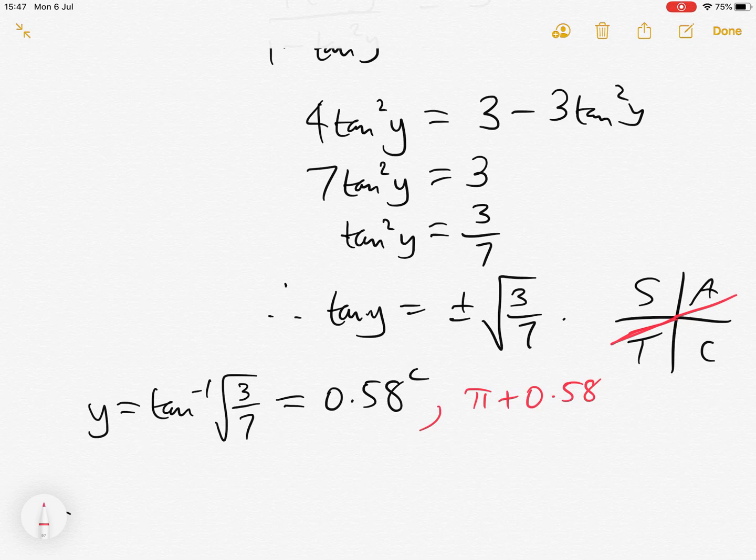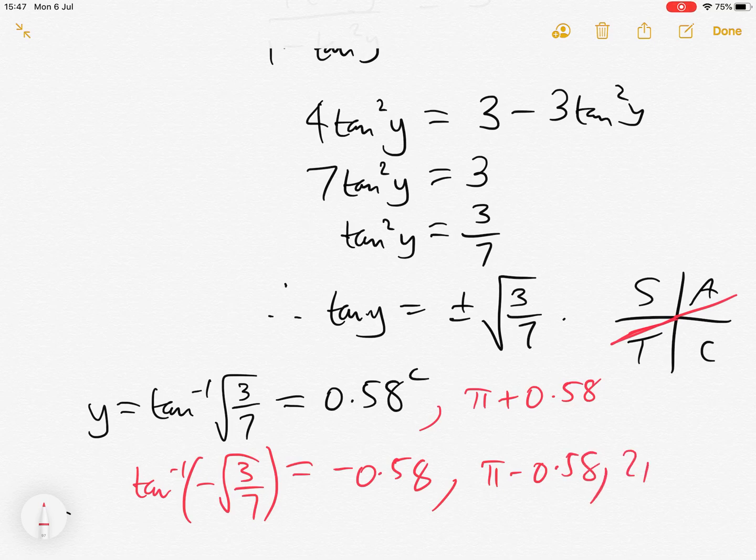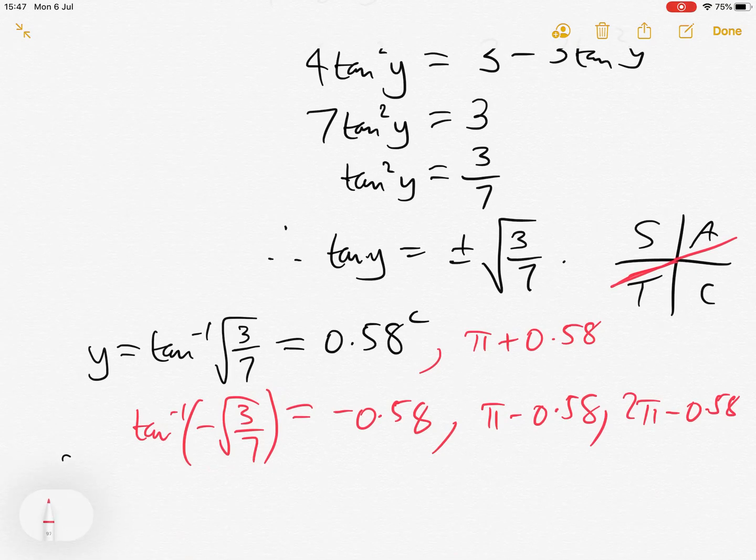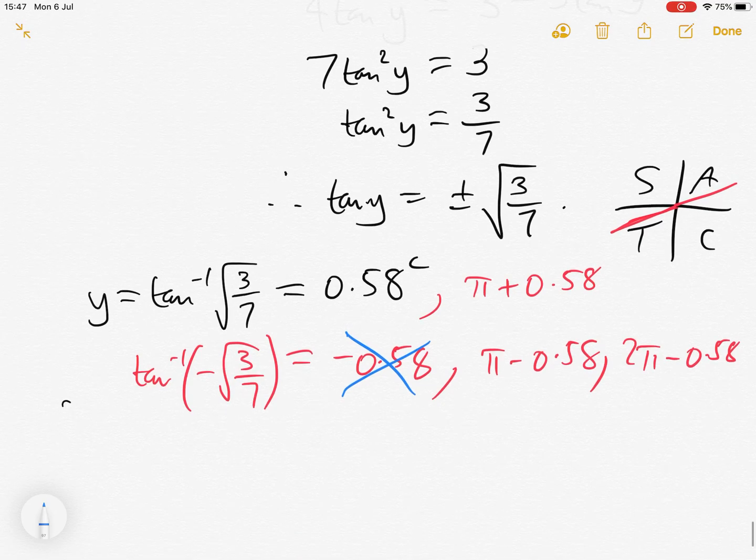And we can find even more solutions by doing tan inverse of minus root 3/7, which will give us minus 0.58. And then again, we can add pi, we can add 2 pi. The minus 0.58 we don't need, but when we add pi and 2 pi, that will give us the two solutions in S and C. So this solution here we don't need, because we're only between 0 and 2 pi.